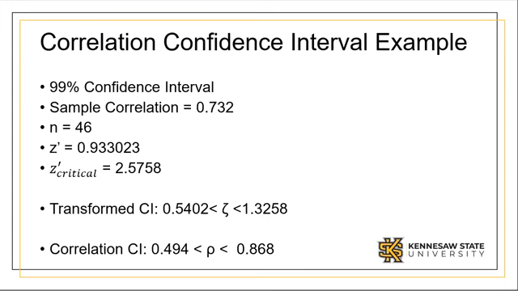This gives us a lower transformed limit of 0.5402 and an upper transformed limit of 1.3258. After we transform back to r, we get 0.494 and 0.868 respectively. Therefore, we are 99% confident that the population correlation will be between 0.494 and 0.868.